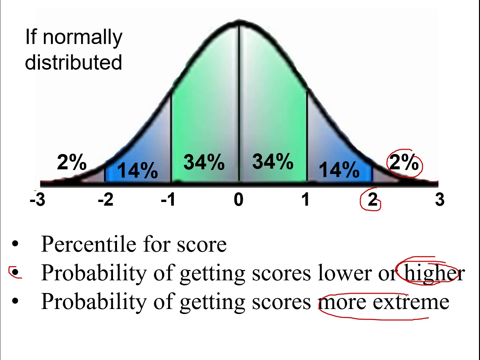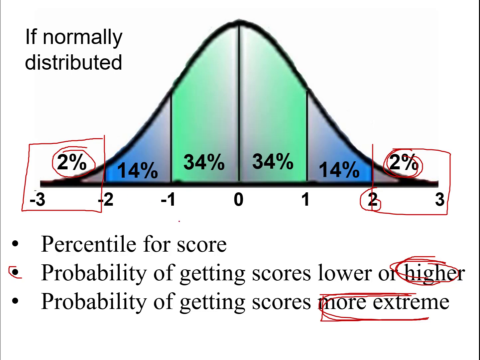The probability of getting a score more extreme than 2 is, I double that, 4%. 2% here and 2% in that tail. I just take the probability of getting a score higher than 2 and double it to get the probability of a score more extreme than 2, because more extreme is asking about it going in either direction. So there's a 2% probability of getting a score higher than +2, a 2% probability of getting a score lower than -2. Put it together, I get 4% altogether.